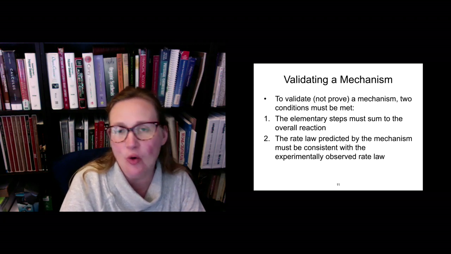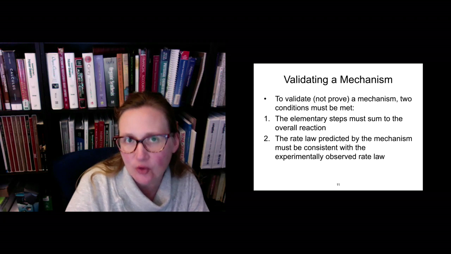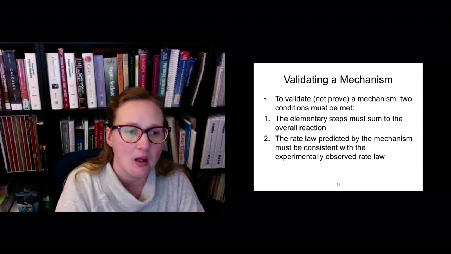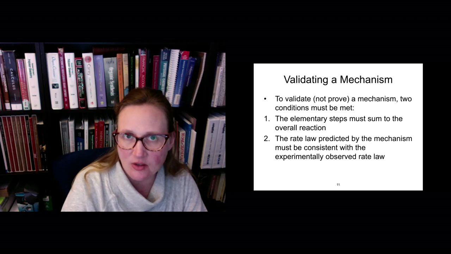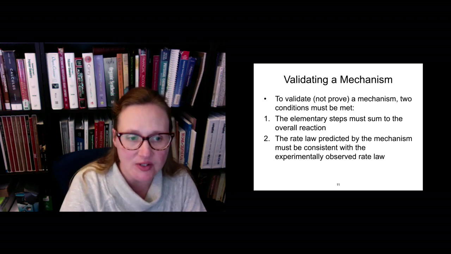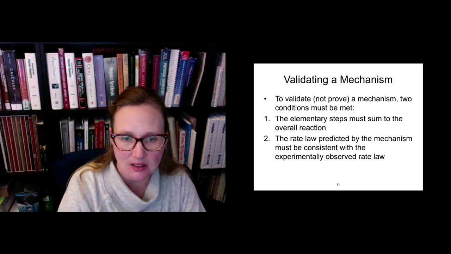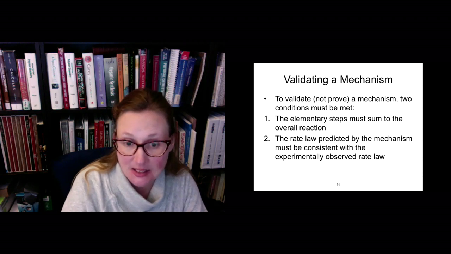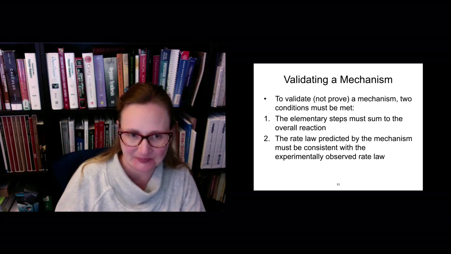We're validating that what we're saying makes sense according to our rate law, but it doesn't prove a particular mechanism. The elementary steps must sum to the overall reaction, so we'll show a couple examples there. And the rate law predicted by the mechanism must be consistent with what is observed by the rate law.